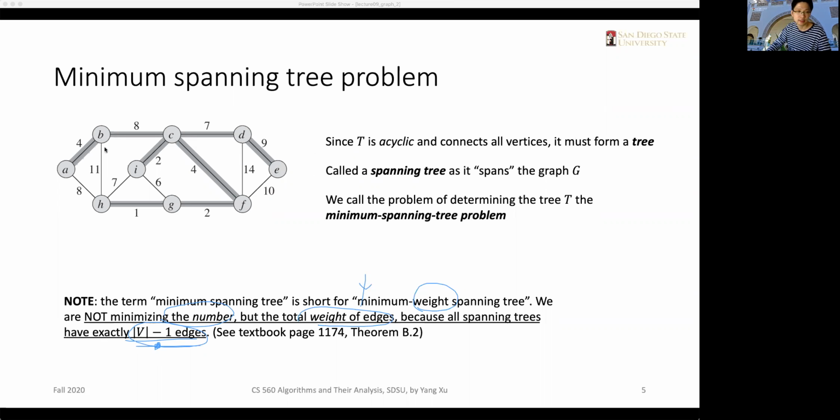If you look at this example, we have 9 vertices, right? So the number of edges in the minimum spanning tree is 1, 2, 3, 4, 5, 6, 7, 8, which is 9 minus 1. So this is determined by mathematical rules.